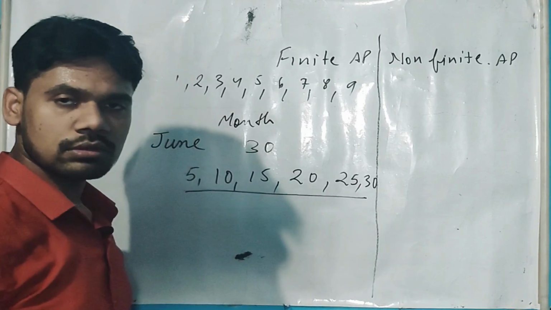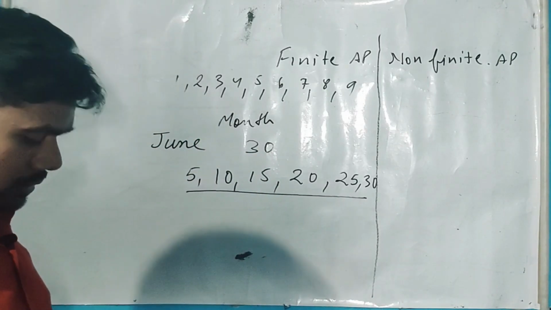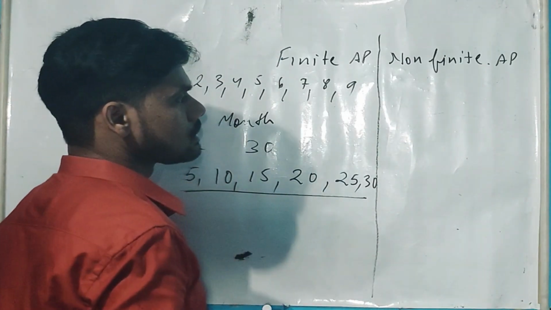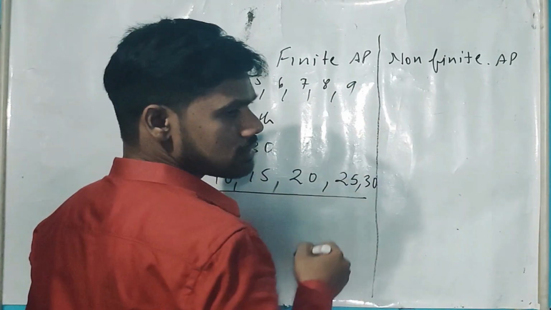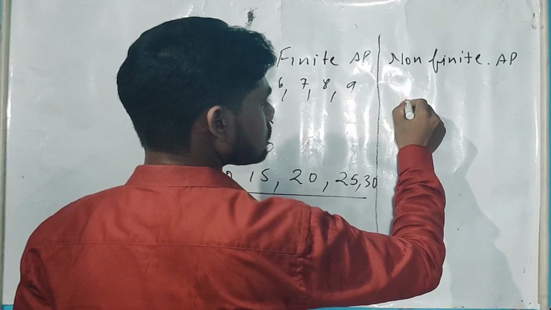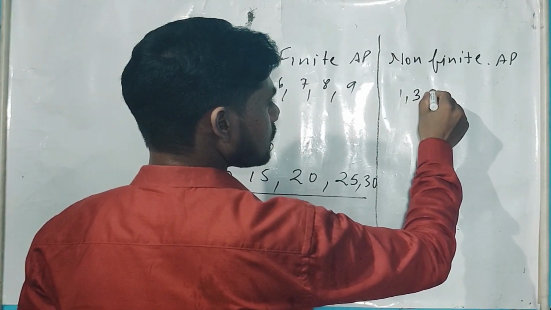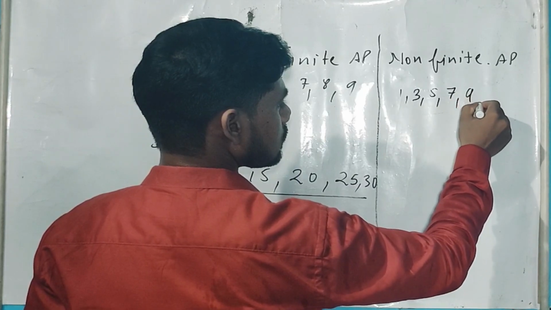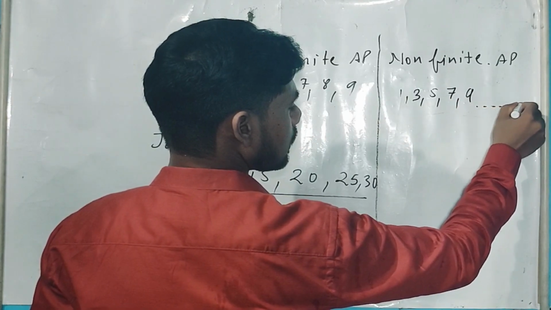If we talk about the non-finite AP, like you write the odd numbers 1, 3, 5, 7, 9 and so on.